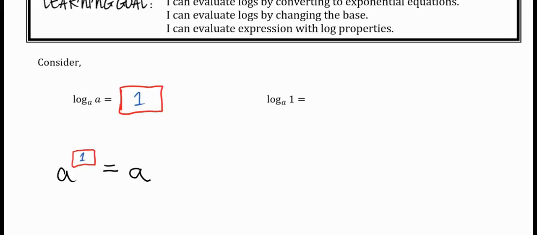So we're going to do the same thing. So a to some exponent equals 1. It's 0.